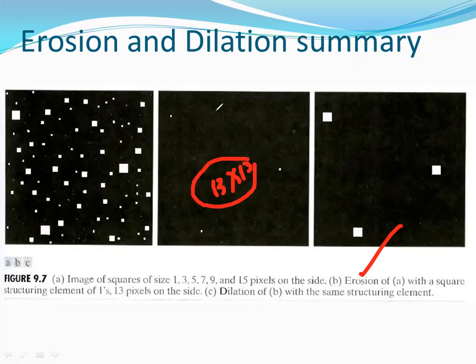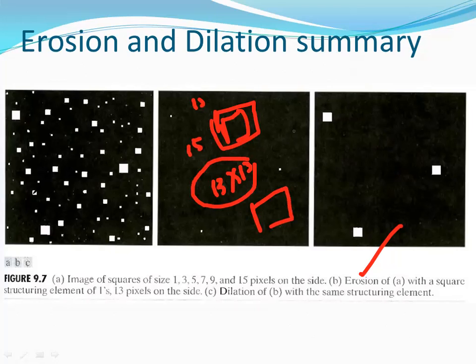What is the rule for erosion? If there is a box of 14 cross 14, the 13 cross 13 element can fit in it and move. It will create a dot. If there is a box of 15 cross 15, the 13 cross 13 element can fit in it and move a bit. If there is a box of 12 cross 12, can a 13 cross 13 get into it? It cannot.